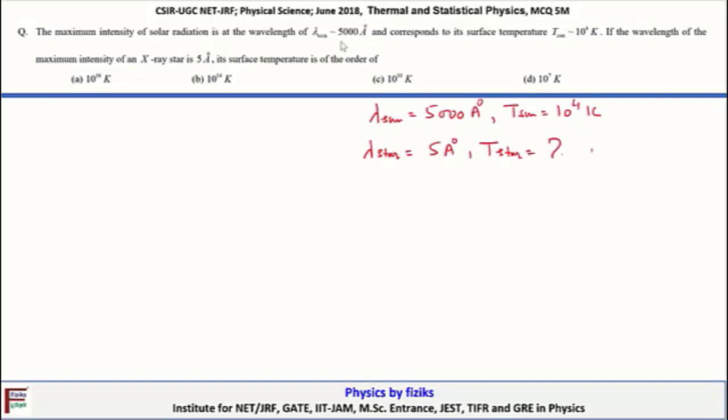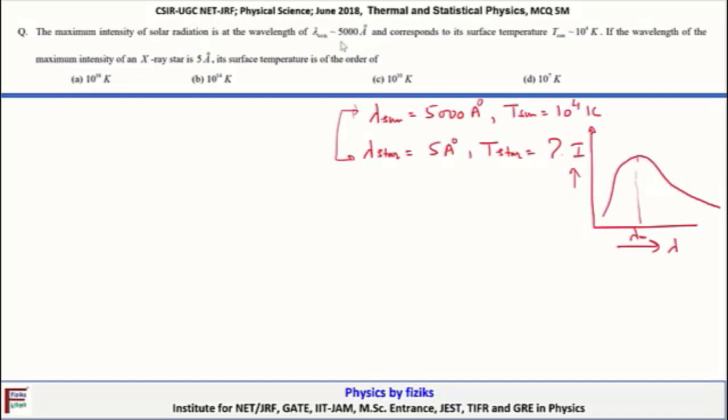Basically this is a problem connected with Wien's displacement law. Let me explain it quickly and then we will come to the solution. This is the intensity that is emitted, intensity versus wavelength, as a function of temperature. The intensity maximum occurs at a certain wavelength, which we call lambda max. These lambda values for the two different situations are given to us, and the emission will be different for different temperatures.